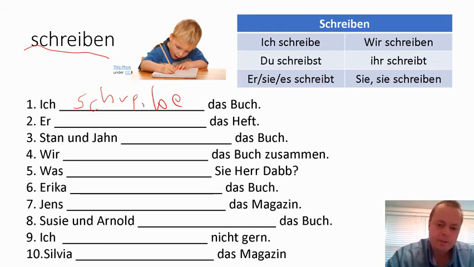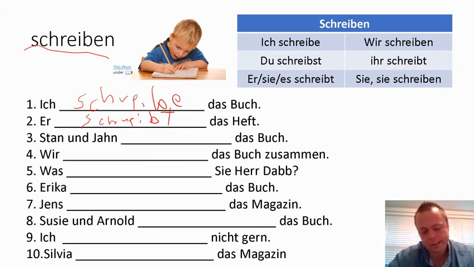Now, if I want to say that he writes the notebook, we're kind of stretching the meaning on this one. But let's say he's writing in the notebook and maybe professing his love to somebody. Er schreibt das Heft. A little silly still, but we'll let it slide.